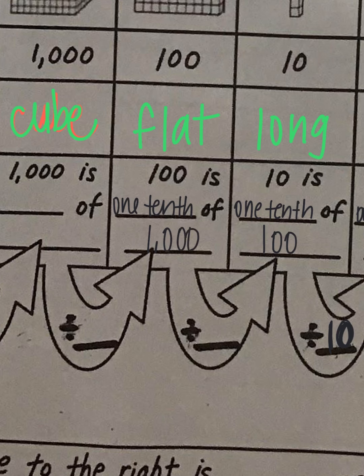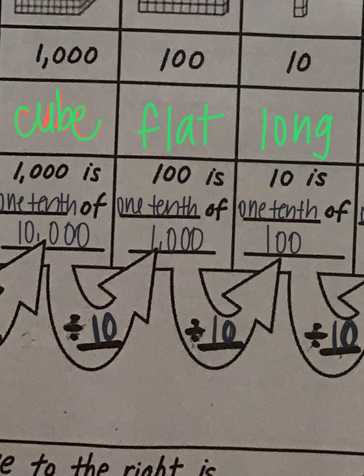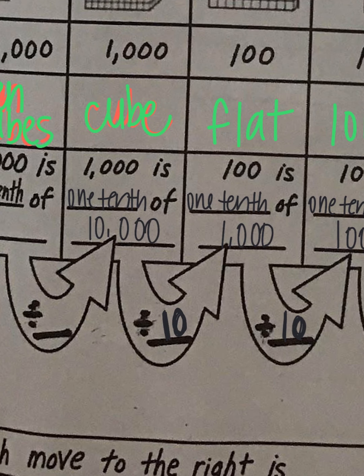So to get from 100 to 10, I divide by 10. 1,000 is 1/10 of 10,000. So to get from 1,000 to 100, I divide by 10. And then my last one, 10,000 is 1/10 of 100,000. Very good. And to get from 10,000 to 1,000, I divide by 10. Perfect.